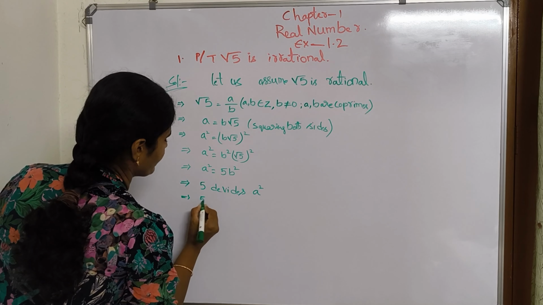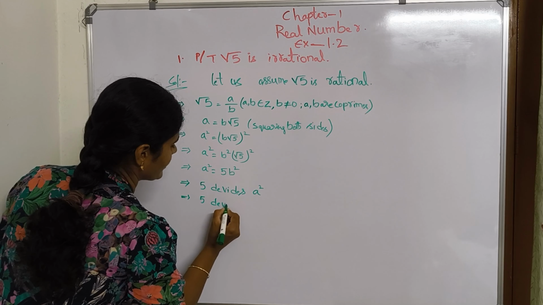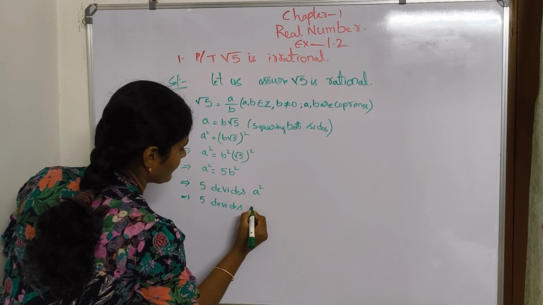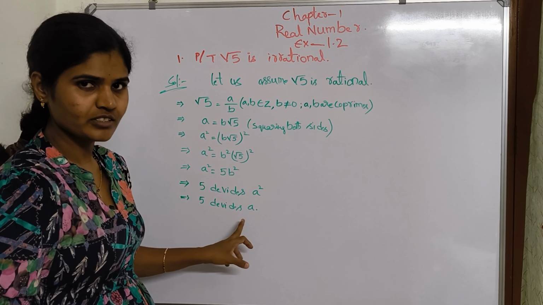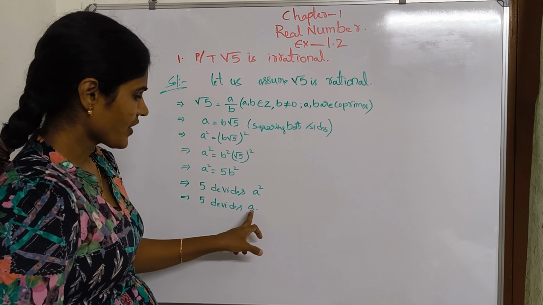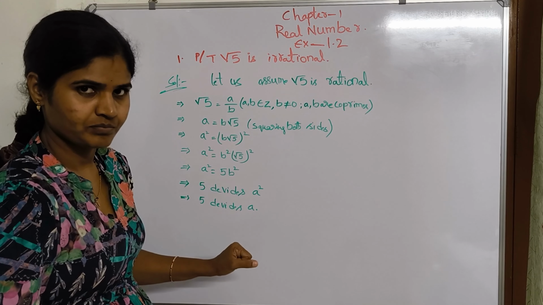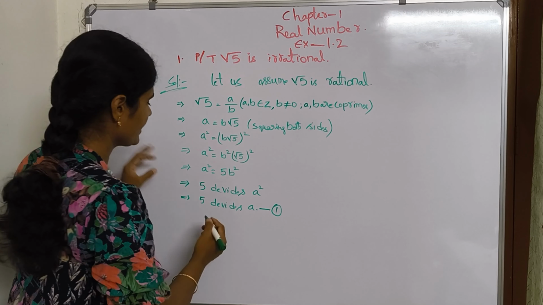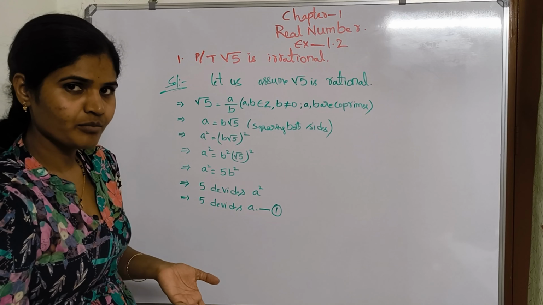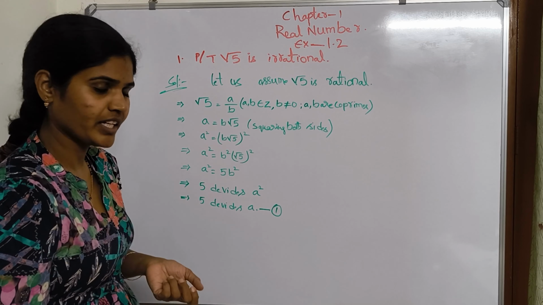So again, 5 divides a. So 5 divides a means 5 is a factor of a. This is the first result. 5 divides a means 5 is a factor of a.